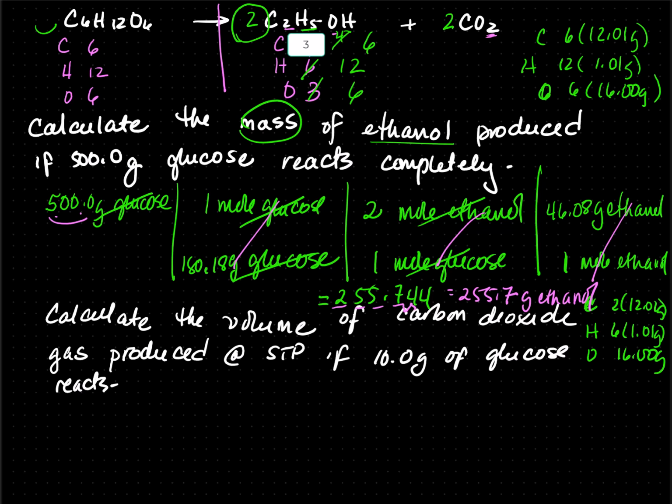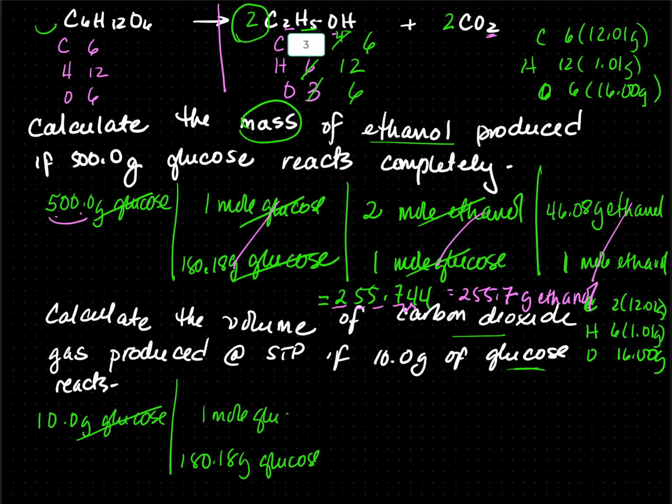In the next problem, we're calculating the volume of carbon dioxide, and we are starting with 10 grams of glucose. So we know we have to go to mole ratio because, again, elements and compounds are different. So 10 grams of glucose, diagonal units have to be the same, grams of glucose. We know that there's 180 grams of glucose in 1 mole of glucose. If I stop here, we're at moles of glucose, so I need to continue on.